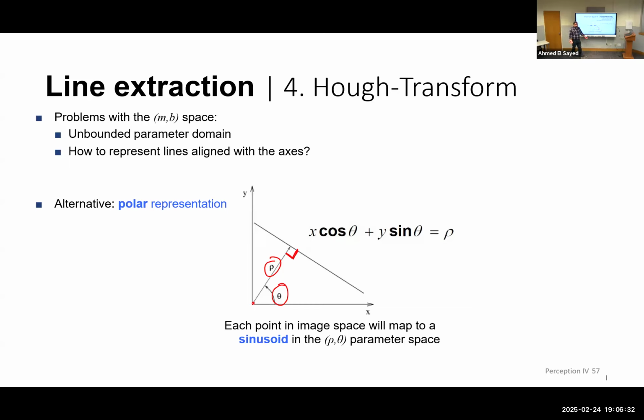Did this solve the problem? Let's see. Can we describe that line now? This is rho, which equals 1, and theta equals 0. So yes, we can describe that line. How about the horizontal one?